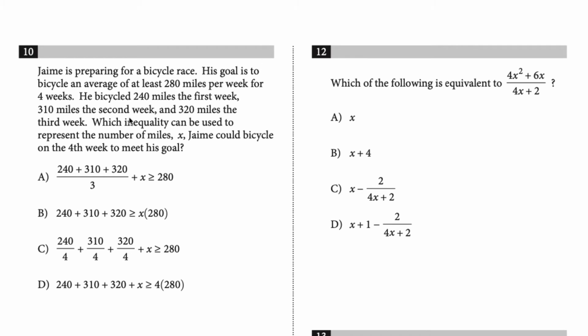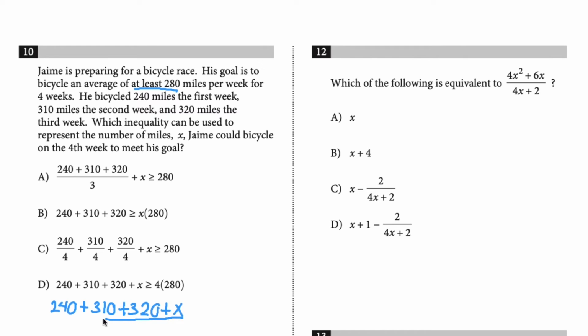So in order to have an average of at least 280, we would need to add up the 4 weeks and then divide by 4. So on week 1, he ran 240. On week 2, he ran 310. On week 3, he ran 320. And then on week 4, he ran x.